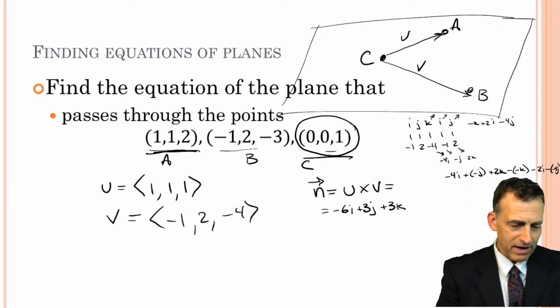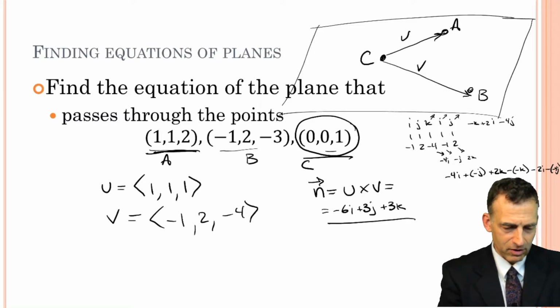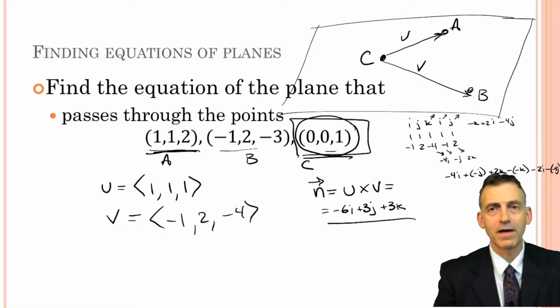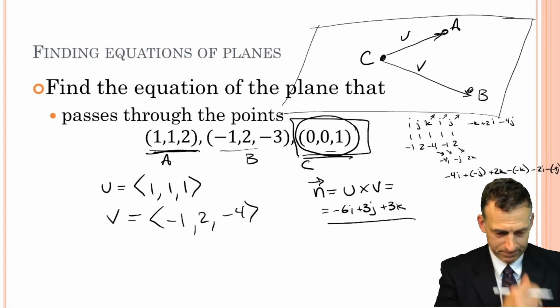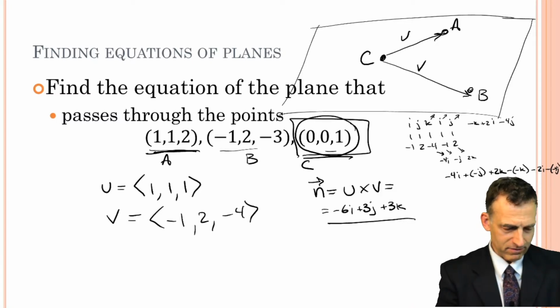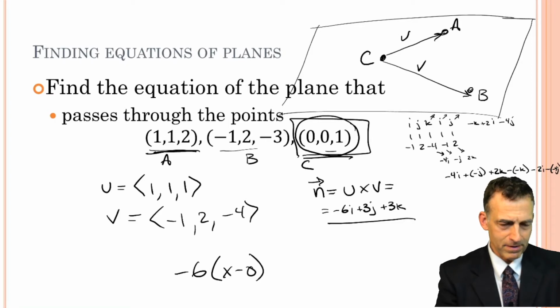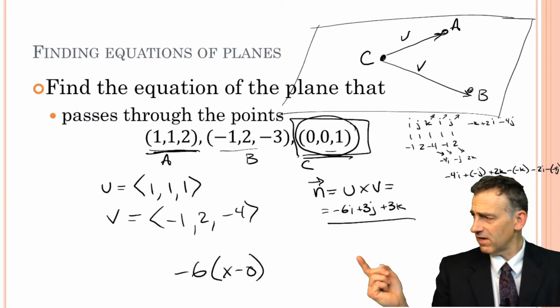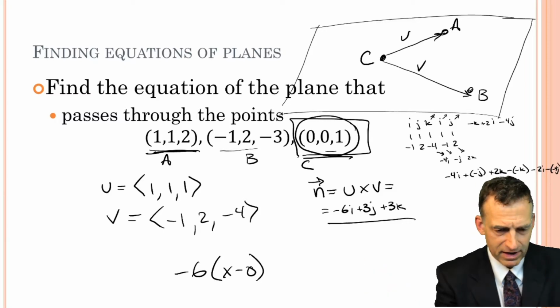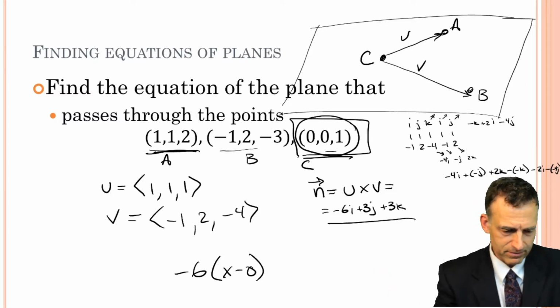Now all that's left is to take this normal along with this point, and we're going to come up with the equation of the plane. So -6 times x minus 0. Just a minute, I'm going to erase that and start further over to the left.